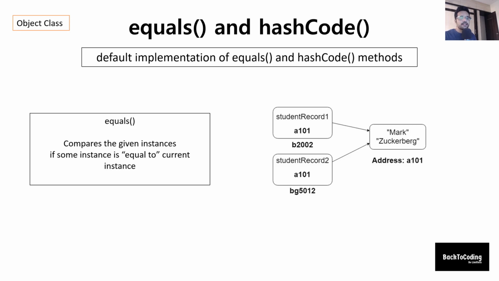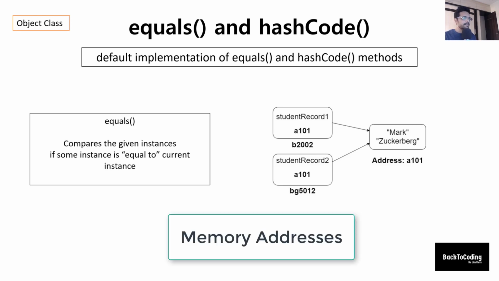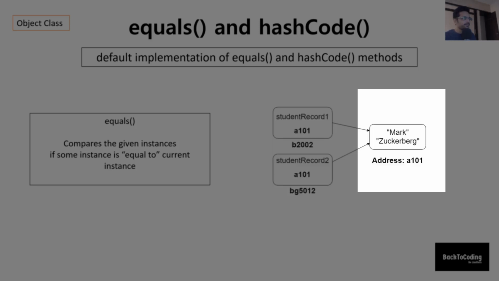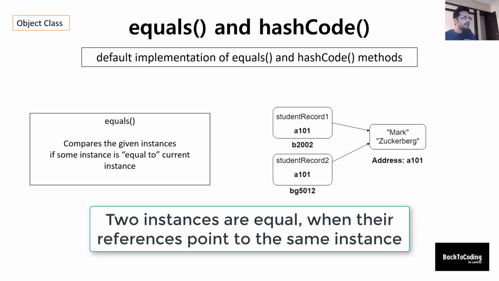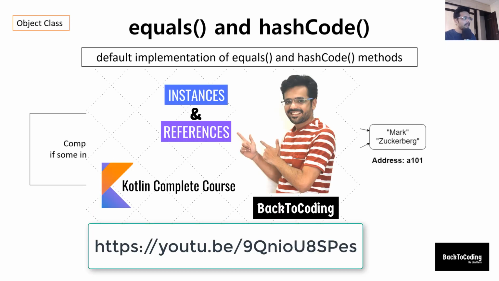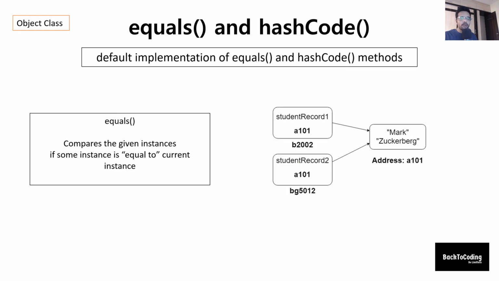The default implementation checks the memory address, that is whether the references point to the same instance. We know that two instances are considered equal only if their references point to the same instance. We have seen what an instance and a reference are in our previous video, so do check that video if you haven't. Let's go to our editor to understand it better.